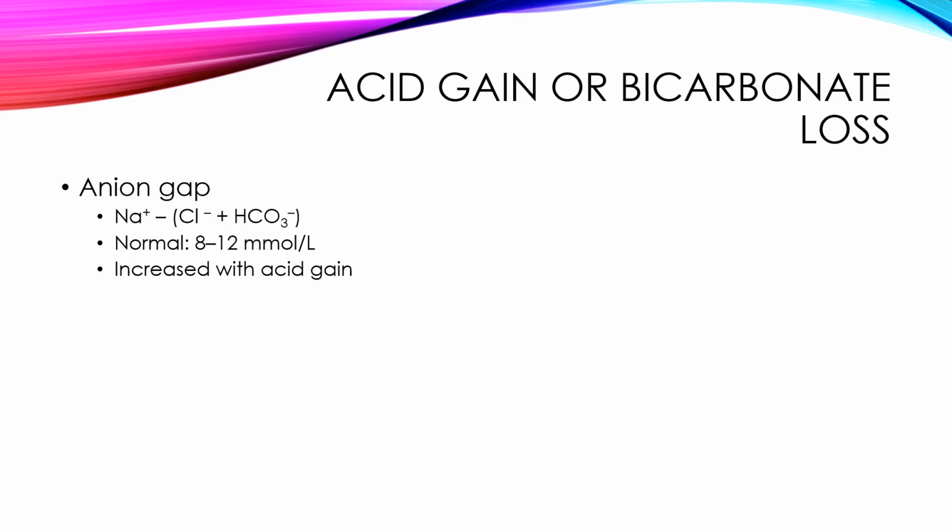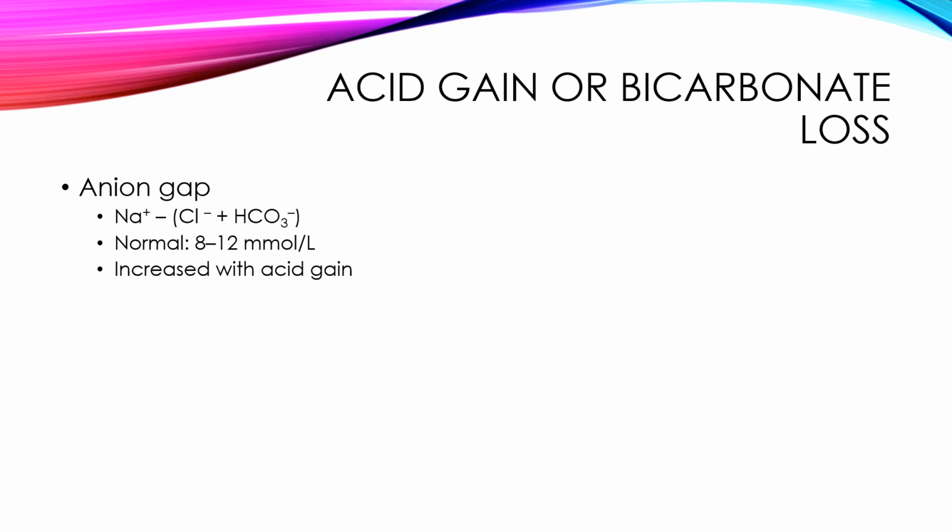And if you remember back to our fluid and electrolytes discussion, you're going to remember that sodium was the major cation in the extracellular fluid. So it's the positively charged cation. And bicarb and chloride are the major anions. So they are negatively charged within the extracellular fluid.